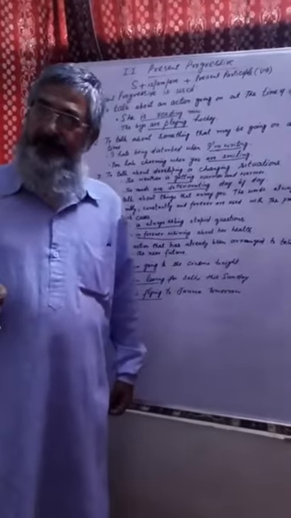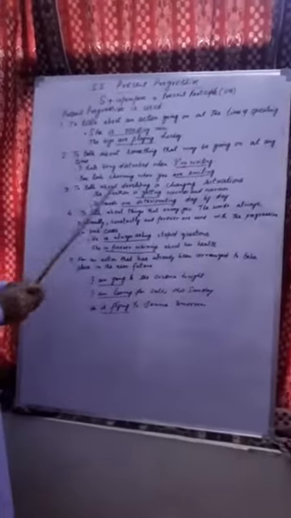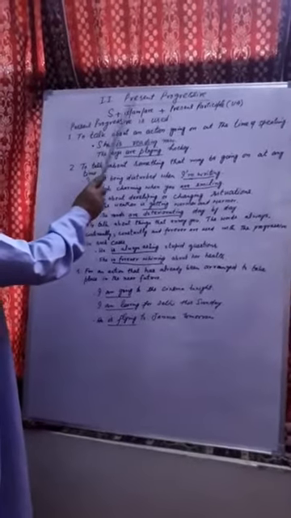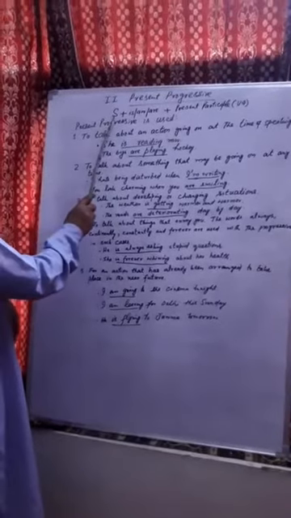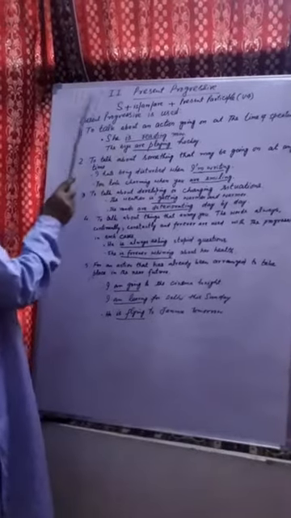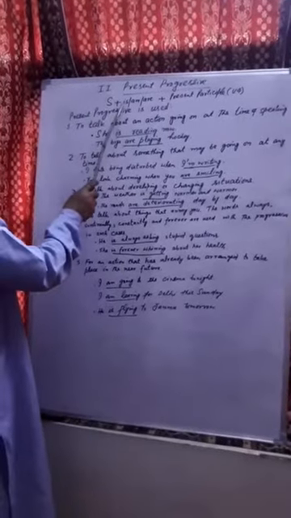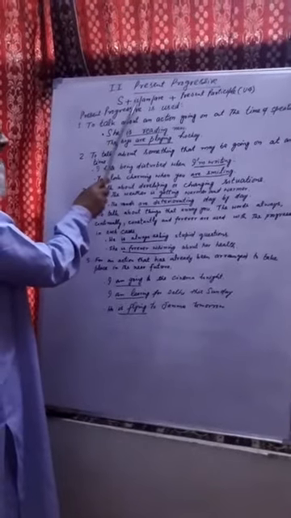Now, that was all about the previous lesson, and today's topic is present progressive. In present progressive, the construction is subject plus is, am, are. We use is with third person singular nouns.